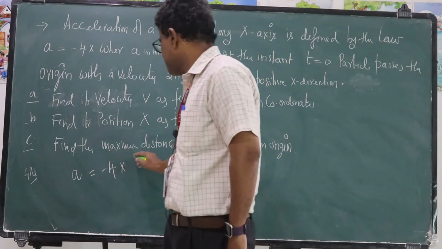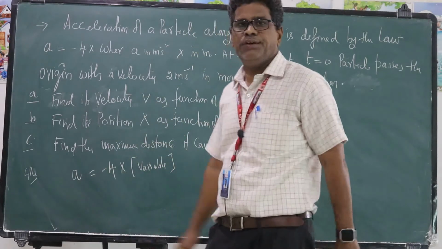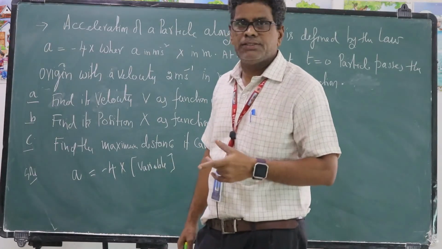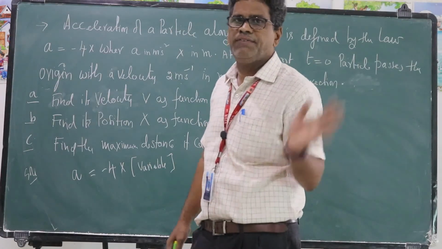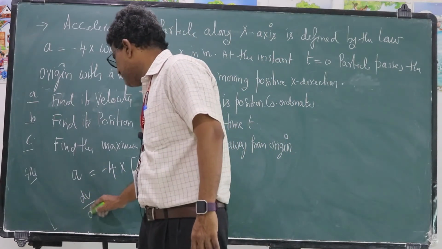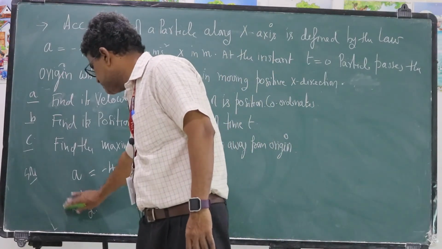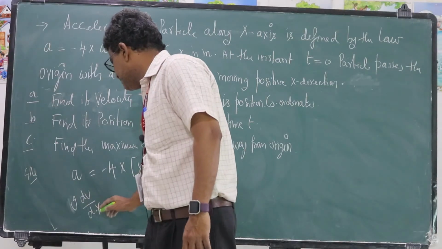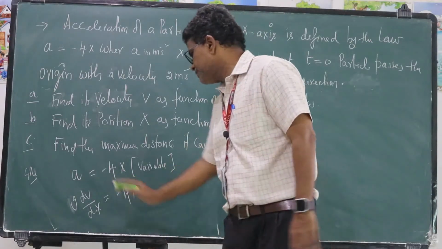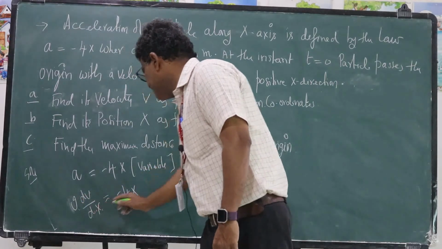This acceleration is variable, so it is a problem based on variable acceleration, and you have to do integration. Acceleration is defined as dv by dt, which you have to write in terms of position x. So we write v into dv by dx is equal to minus 4x.